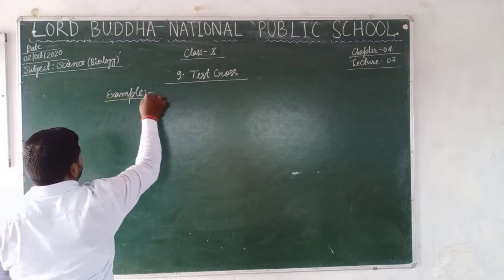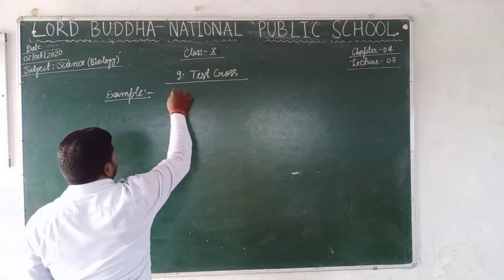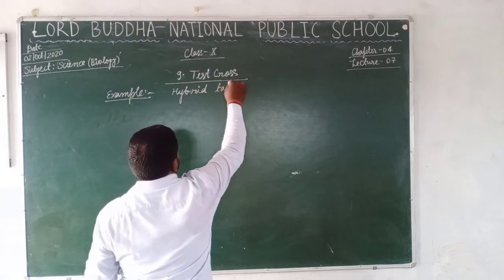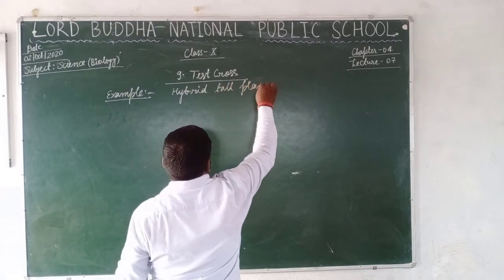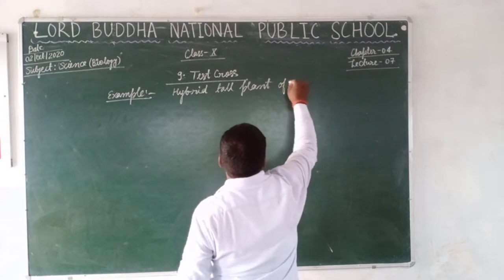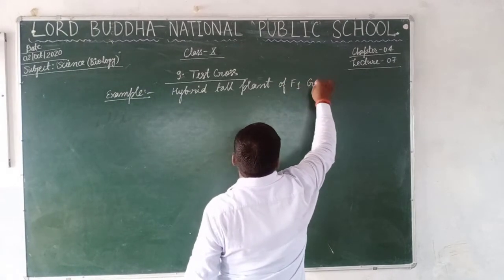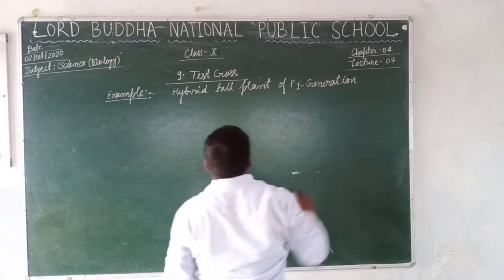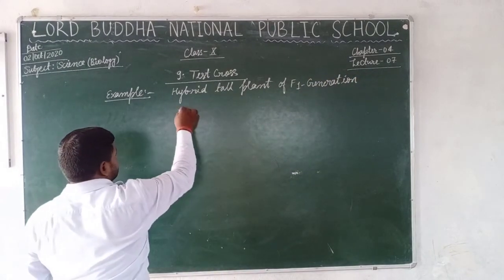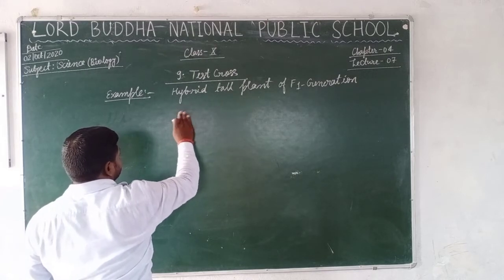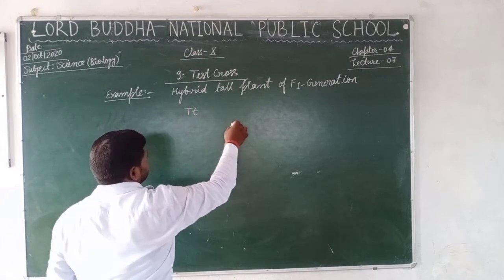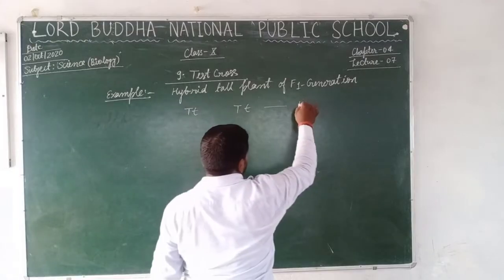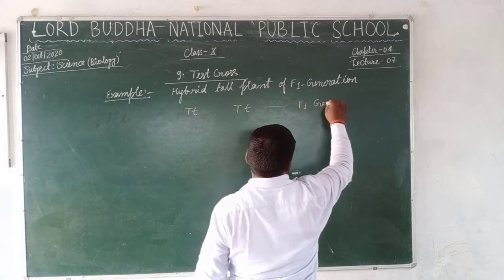Here I am going to take the hybrid tall plants of the F1 generation. So the selected alleles are capital T small t and capital T small t. These are the individuals of the F1 generation.